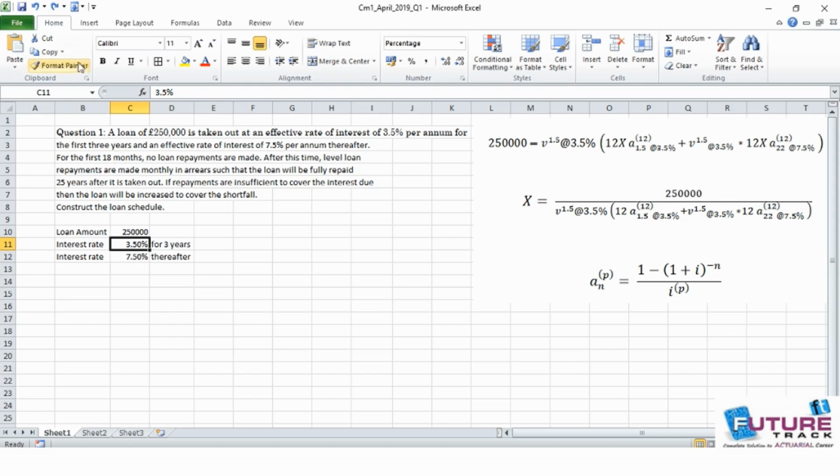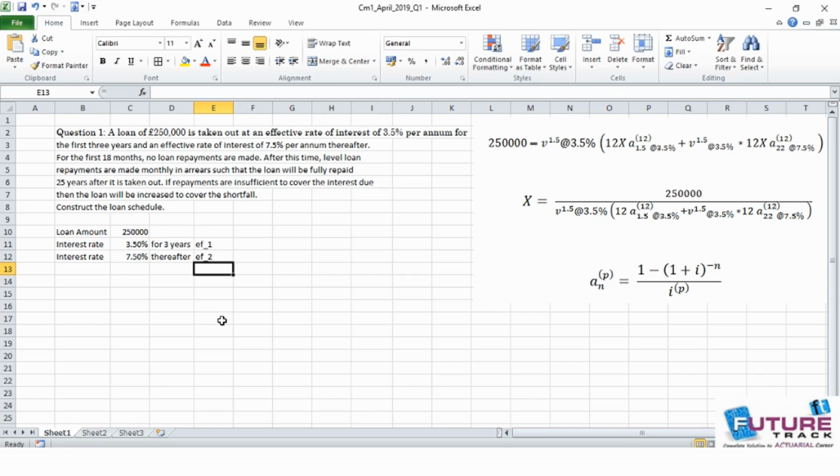Let's give names for the interest rates: effective rate of interest for the first 18 months, and effective rate of interest for the next period. Write the names you have given, EF1 and EF2. You have to mention whatever names you are giving.